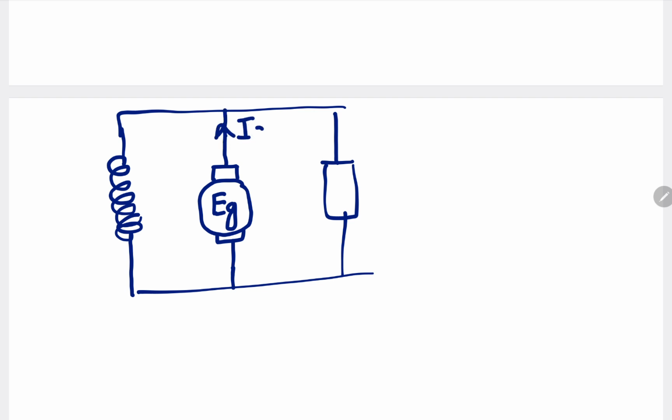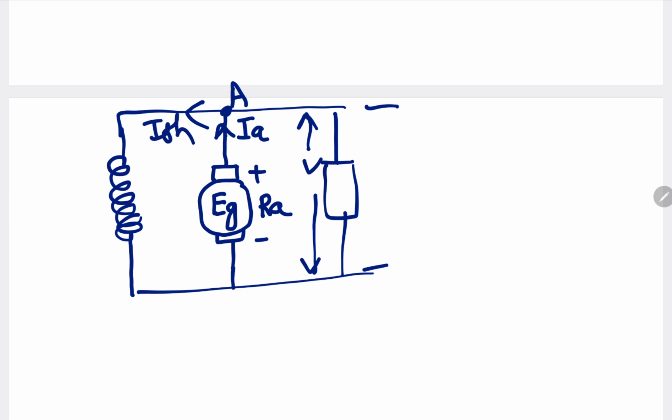This is IA, armature winding resistance is RA, and the voltage across the load is V. Let us say this is node A. This I is dividing into two parts, ISH and IL.